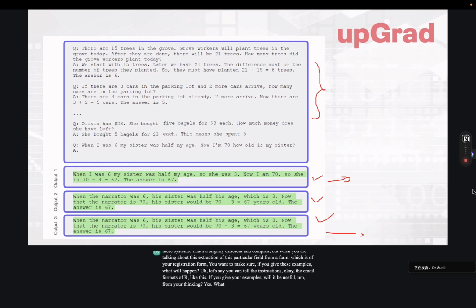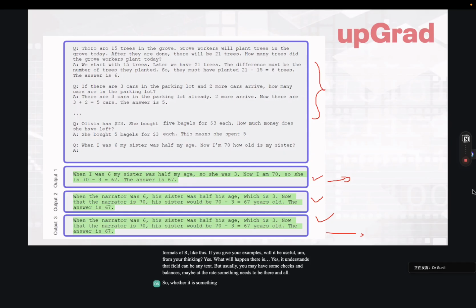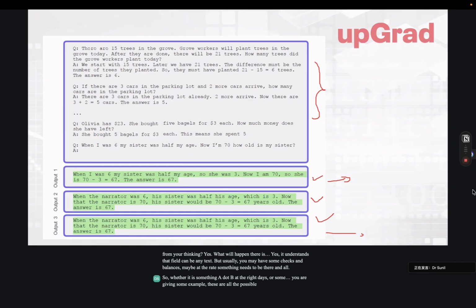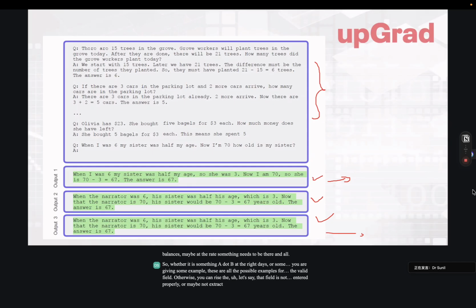What will happen there is, it understands that the field can be any text, but usually you may have some checks and balances, maybe the at the rate something needs to be there. So whether it is something a dot b at the rate this or some other format, you are giving some examples. These are all the possible examples for a valid field. Otherwise, you can raise that the field is not entered properly or maybe not extracted properly. So whichever way you want to look at it.